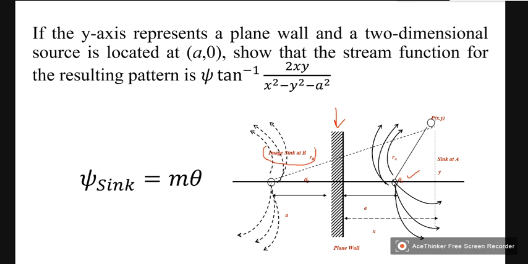It is called an image sink, at the same distance as this one. This distance is a. So exactly at the same distance a, I will consider another source, another sink.